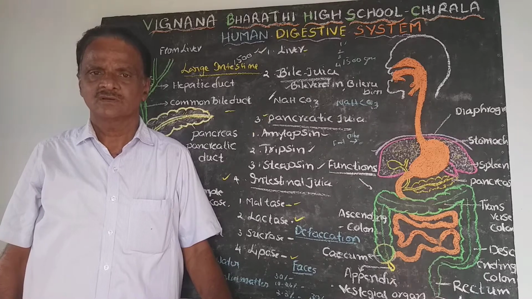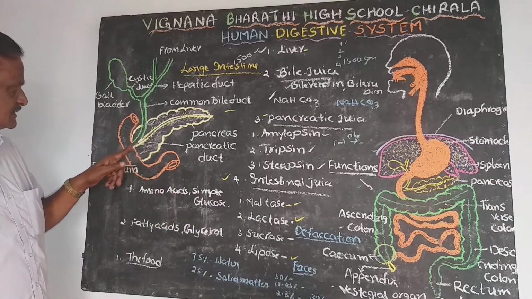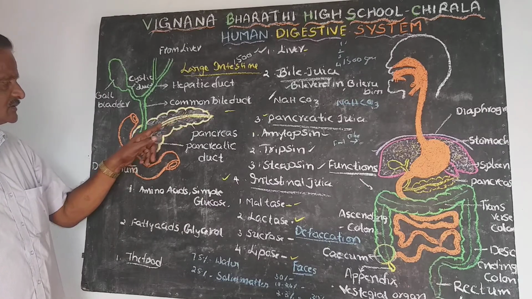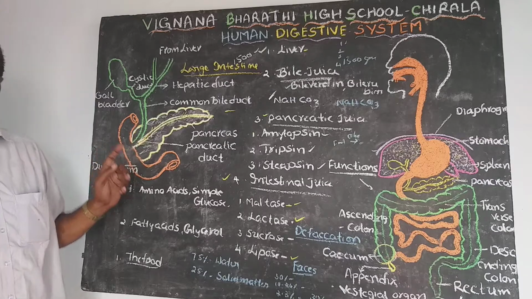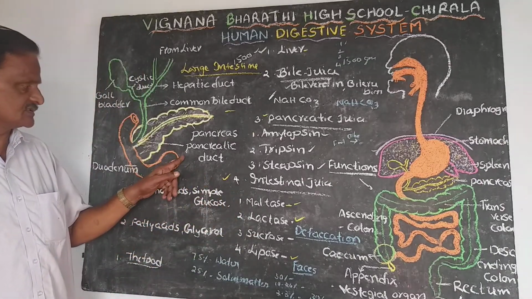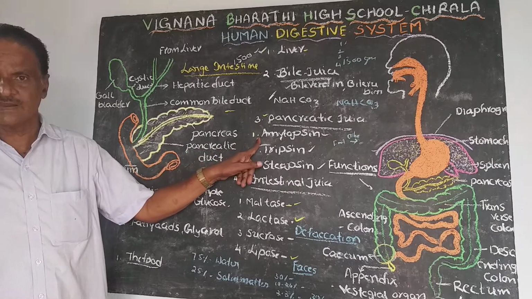The pancreatic juice directly opens into the duodenum. The pancreatic juice contains three kinds of enzyme.